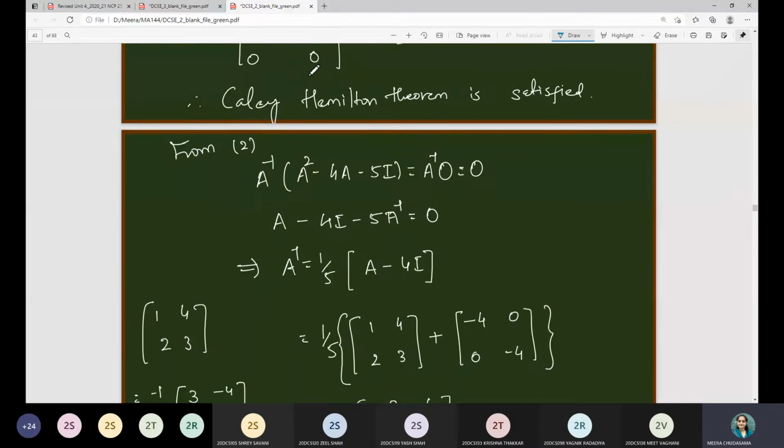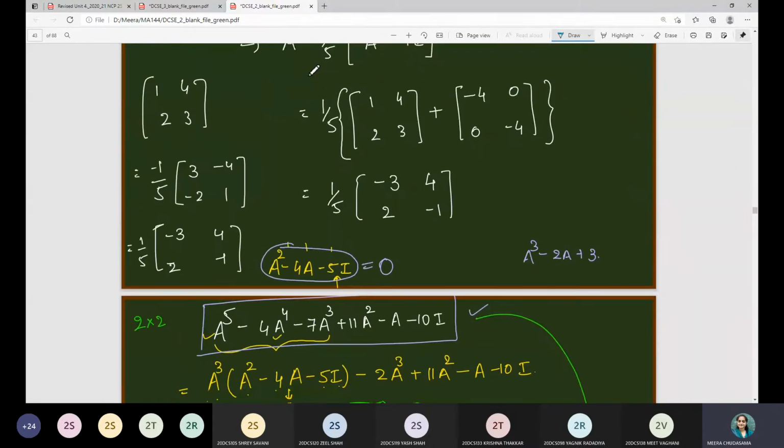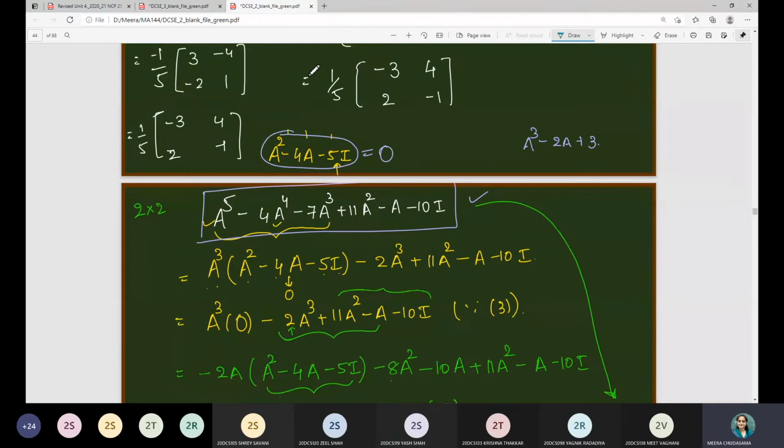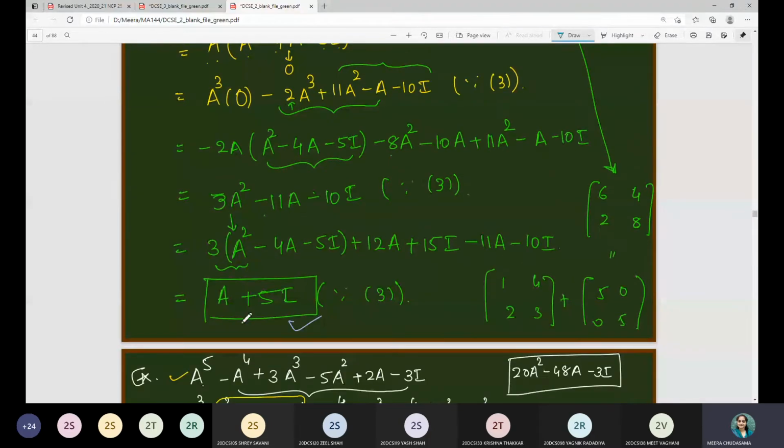After that, we found the inverse of the matrix, and then this fifth degree polynomial in terms of A, we simplified it to a linear polynomial A plus 5I in terms of the Cayley-Hamilton theorem equation, right?